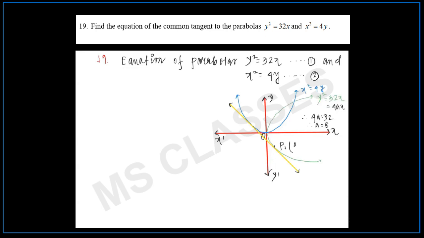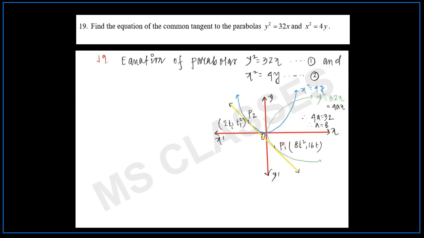So this point can be written as (8t square, 16t). Now this point P2, if we compare with x square equal to 4ay, a is 1. So this can be written as (2t1, t1 square), obviously with another parameter t1, because it cannot be the same parameter. So these are the two points of contact we have got.